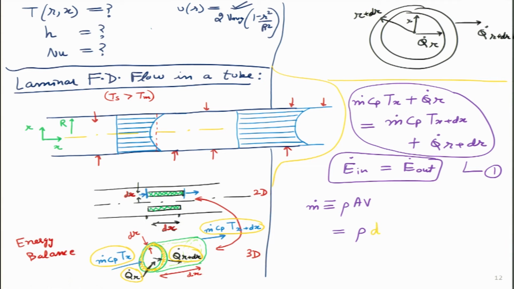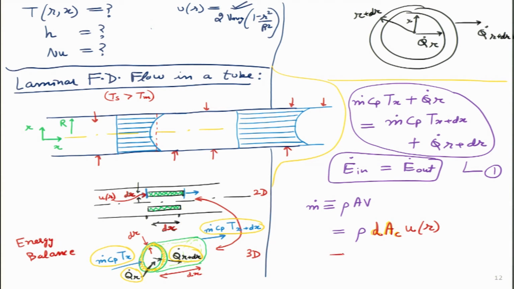So, I can write it as dAc, the small cross sectional area. What is the velocity which is entering over here? The velocity which is entering is simply u as a function of r. It depends on the r coordinate of the velocity.